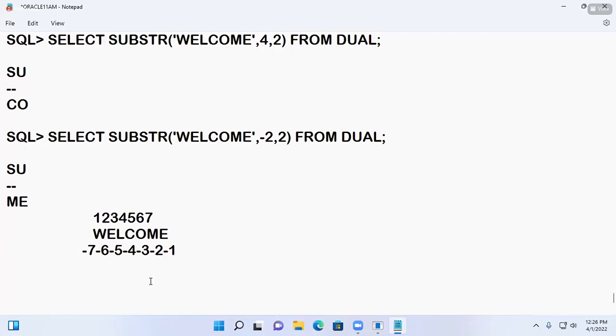Okay, now? So if you write like this, you can understand. Okay, right. So this is what we call as substring.